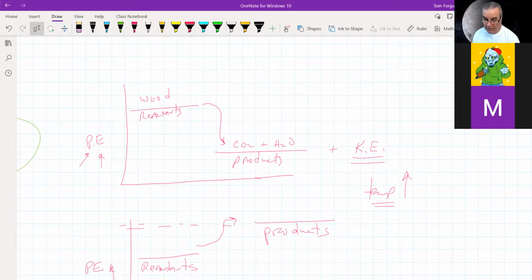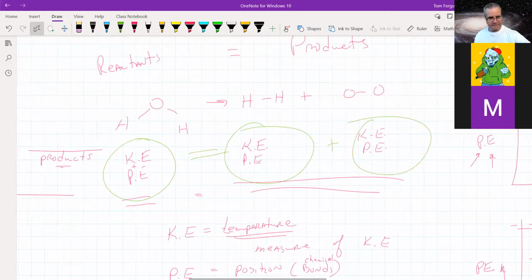And it doesn't stick around because it's not that stable compared to the original reactants. And that's the world we live in. This is a constant thing that's going on. That's why we have recycling programs and all kinds of stuff.